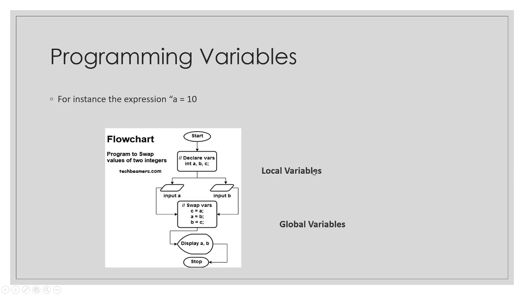It's an example of a local variable. Global variables are variables that are in scope for the time of the program's execution. For example, input A, input B, swap variables A, C, and even display A, B. It's all an example of global variables.